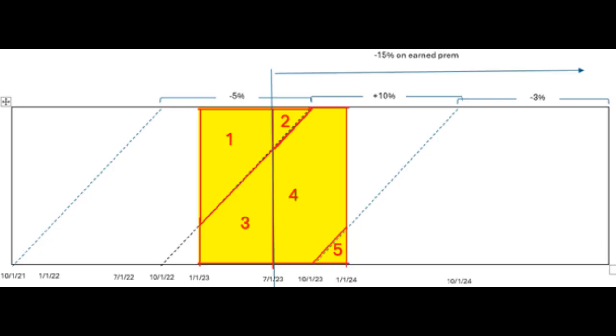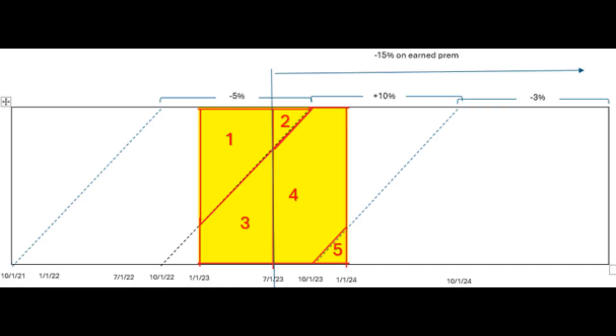The second parallelogram is from October 1st, 2022 to October 1st, 2023, and that's the period when the written policies had a plus 10% rate change. And then the third section is from October 1st, 2023 onwards, when there was a minus 3% rate change on all policies written.